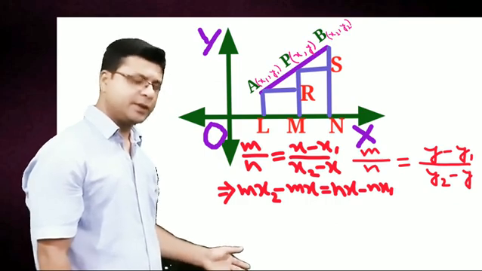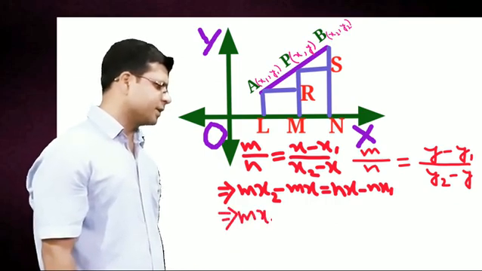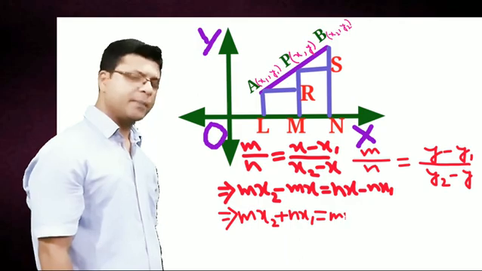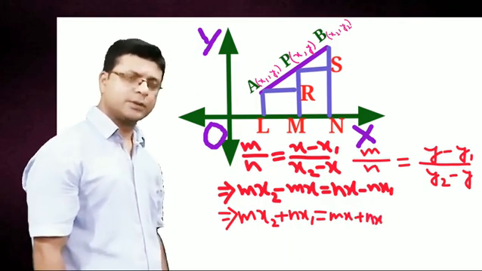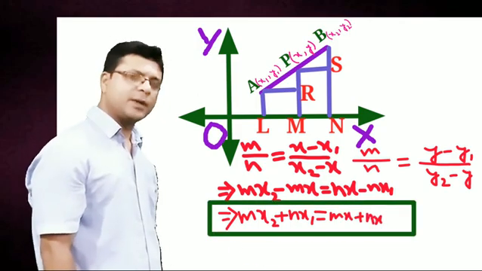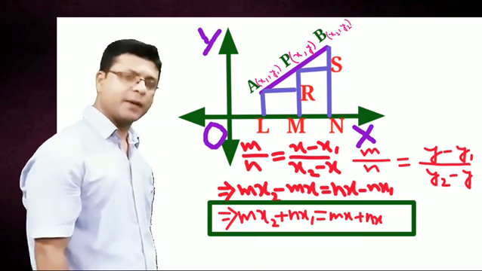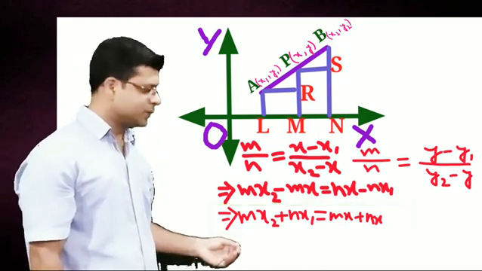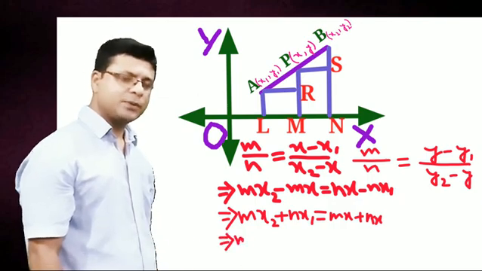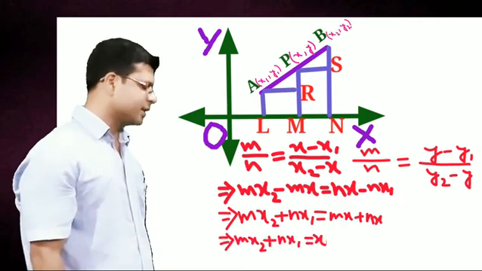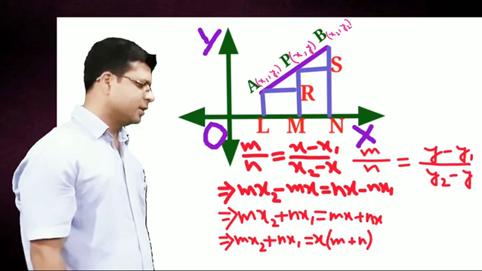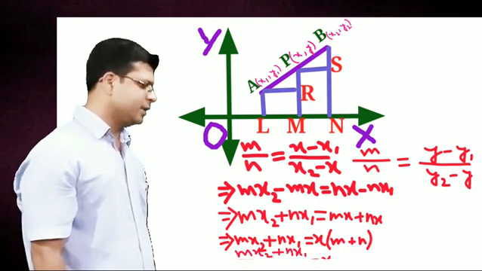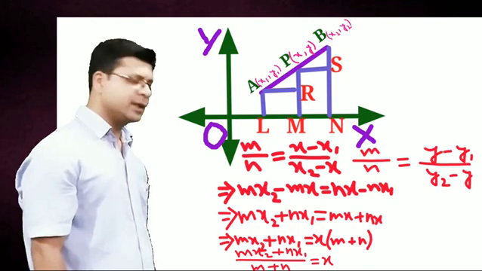So this reduces to mx2 plus nx1 is equal to mx plus nx. Now after that, let us take x common. So what we get, mx2 plus nx1 equal to x into m plus n. So from here, x becomes mx2 plus nx1 divided by m plus n.